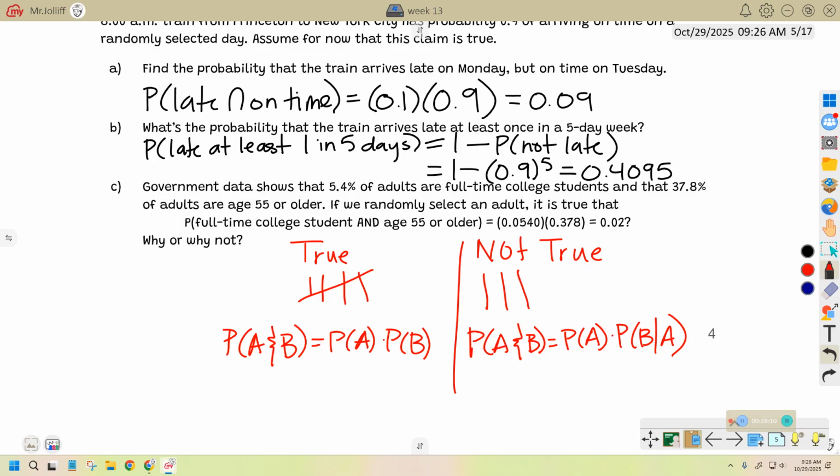So knowing that you are a full-time college student tells me you are most likely to be young. There is a connection in the real world between those variables, where if I know one piece of information, I'm likely to know information about the other. And so I am most likely over here.